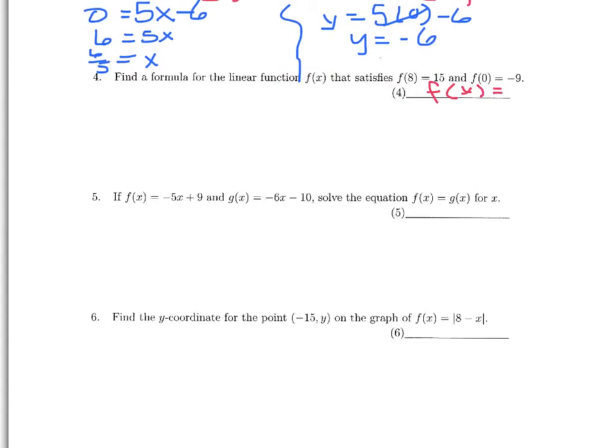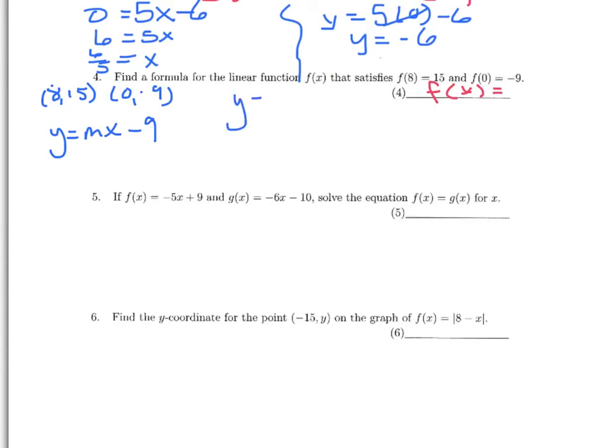So the 2 points they give us are 8 comma 15 and 0 comma negative 9. Now that negative 9 is really telling us that the y-intercept is negative 9, or b. So we get to write mx minus 9.